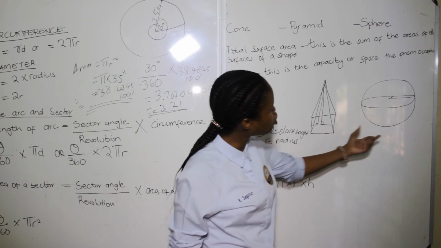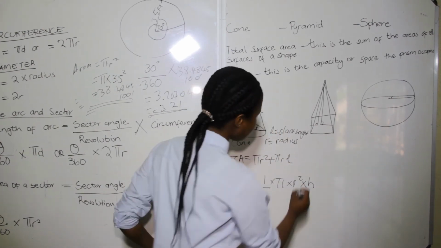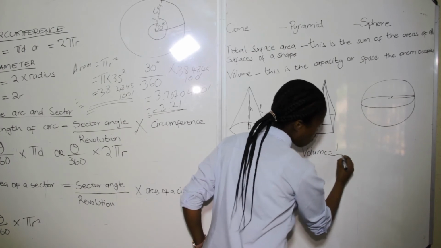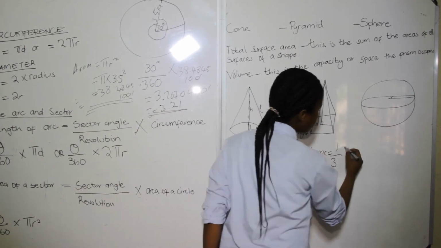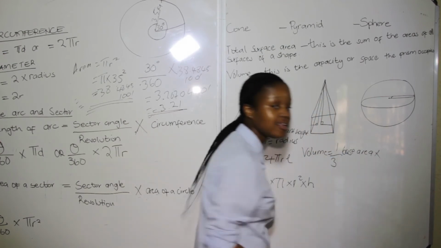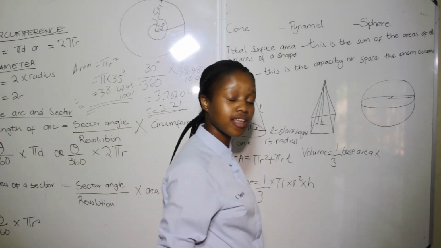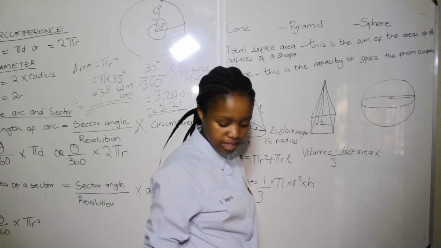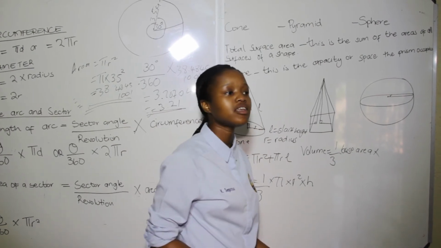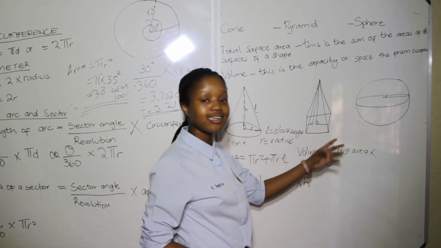And then we say the volume is equal to 1 over 3 multiplied by the base area. Remember, the base can be a triangle, the base can also be a rectangle. That's why we say base area. So if it's a rectangular base, it's going to be the area of that rectangle.